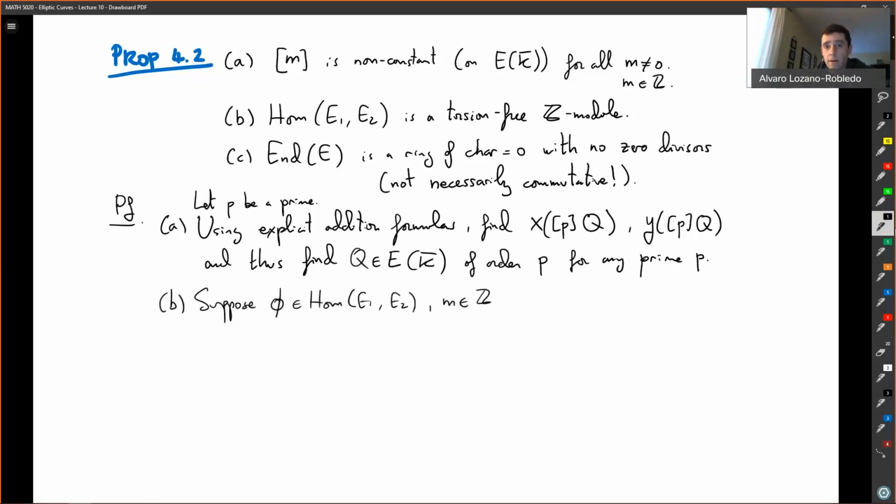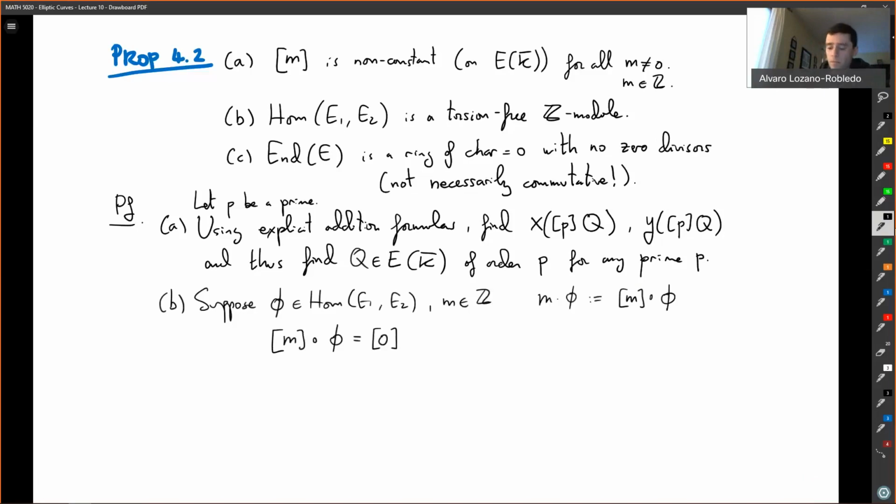Multiplying by m, it is a Z-module because I can just add phi m times. So m times phi is really the composition of multiplication by m with phi. Okay, so that makes it into a Z-module. And if this was torsion, then after multiplying by m, I get the 0, a constant map.